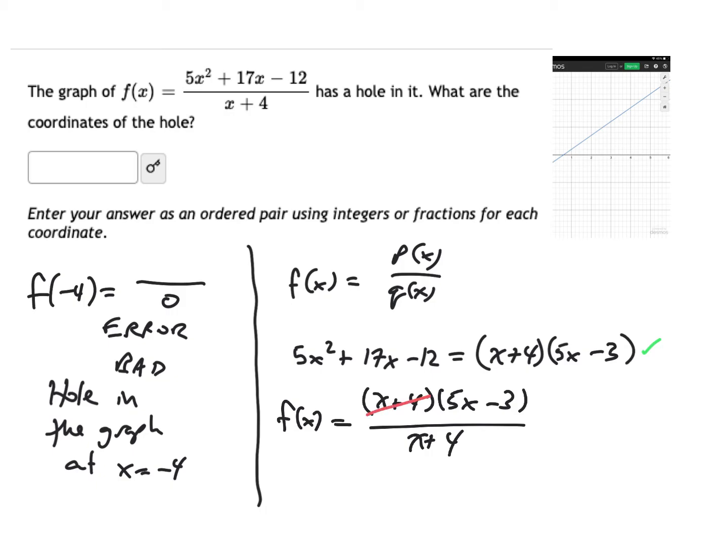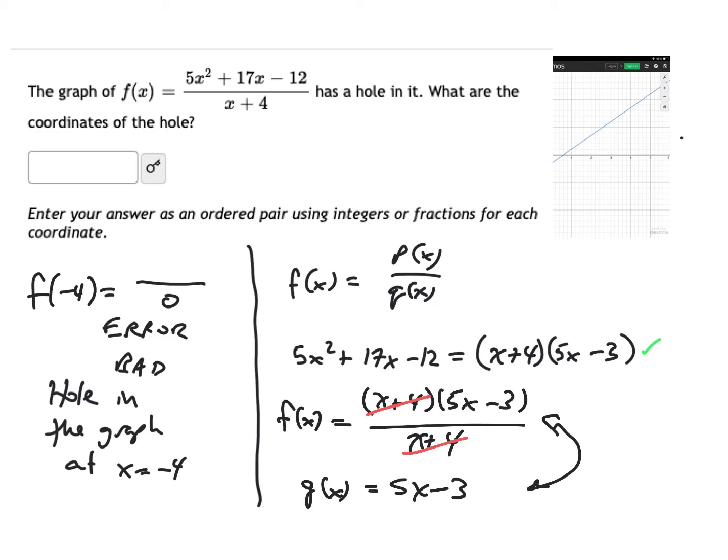And in particular, the x plus 4 that's in the denominator is a factor of the numerator. And so we can see that the function, if I made up a new name for a function, the function 5x minus 3 is identical to this. These two things are exactly the same thing because I got the bottom one by canceling something in the first one. They're not exactly the same.